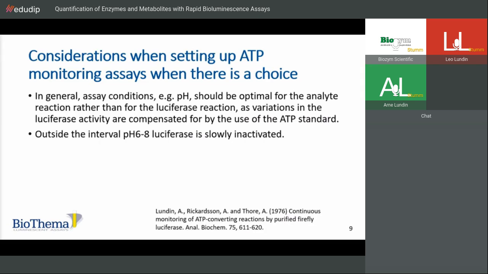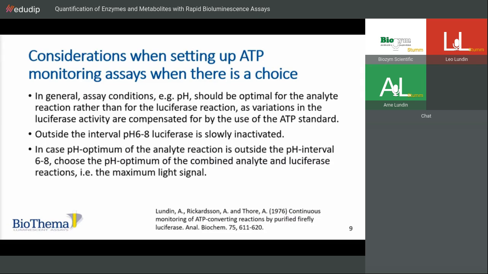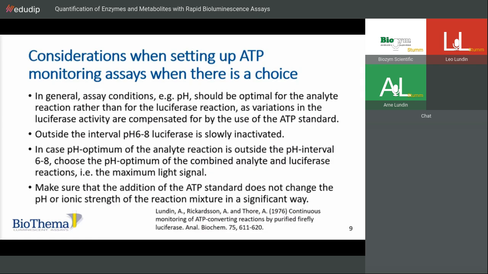Outside the interval pH 6 to 8, luciferase is slowly inactivated. In case the pH optimum of the adenylate reaction is outside this interval, choose the pH optimum of the combined adenylate and luciferase reactions. That is the maximum light signal. Make sure that the addition of the ATP standard does not change the pH or ionic strength of the reaction mixture in a significant way.